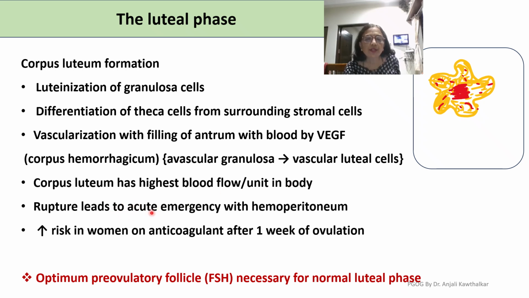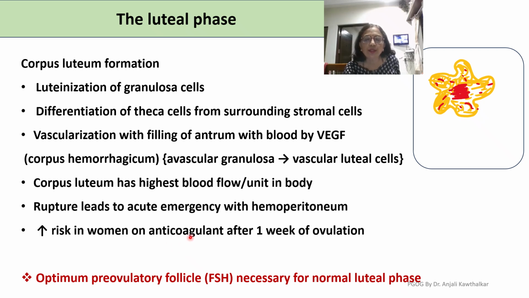Rupture of this corpus luteum leads to an acute emergency with development of hemoperitoneum, and this risk increases in women who are on anticoagulants. This especially occurs after 1 week of ovulation when the vascularization is maximum, and that is why it is an indication for women who are on anticoagulants to give them hormonal treatment for suppression of ovulation.